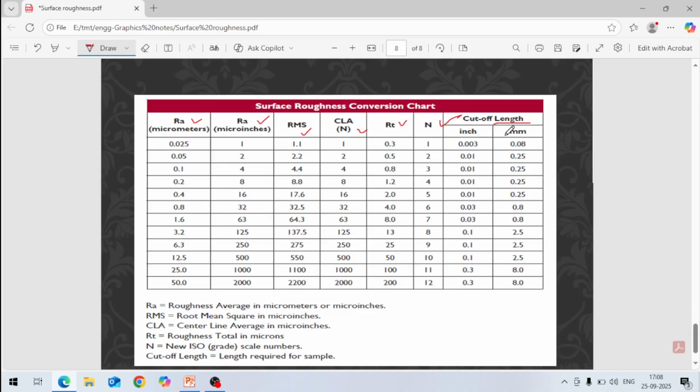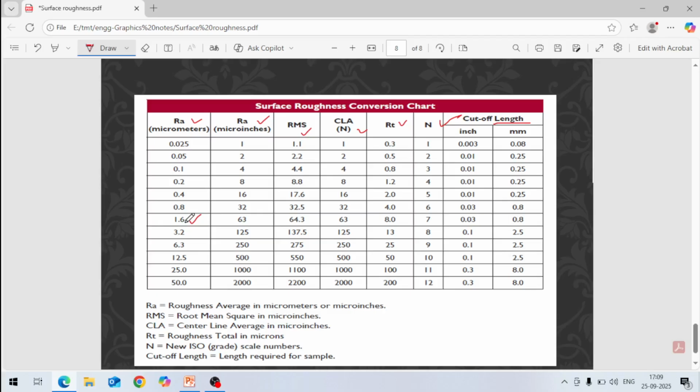How much is the sampling length? It all depends upon the surface roughness value. Here, in mm, the sampling length, just take one example of 1.6 micron. 1.6 micron we can achieve by grinding also, by milling also.